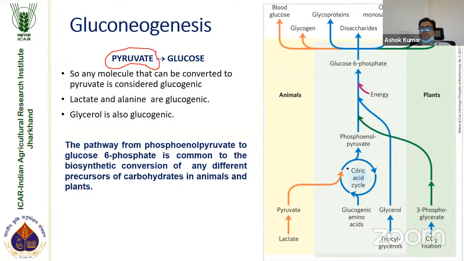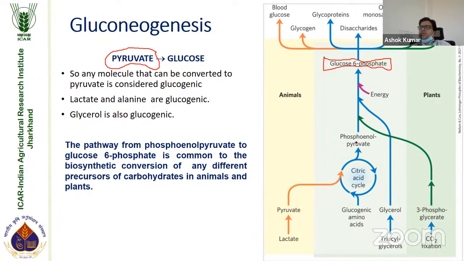All the processes we have discussed until now for glycolysis, the opposite of that process is catalyzed within the cell, and that process is called gluconeogenesis. The pathways are largely the same, but both are not performed at the same place.